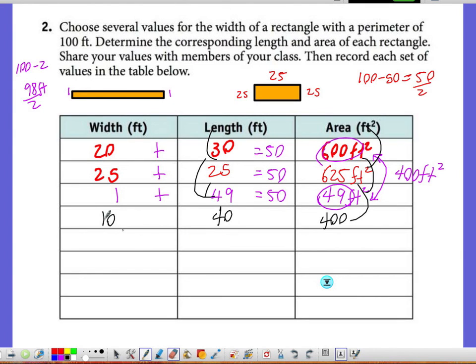Now notice, what if our length was 30? Then the width would have to be 20, and we have 600 feet squared. And what if we used a width of 40? Then my length is going to be 10, and my area is still going to be 400. So you can switch the length and the width, and it's still going to give you the same area.